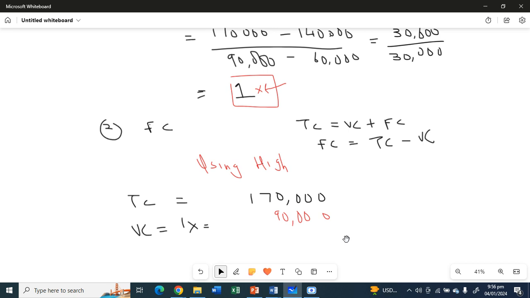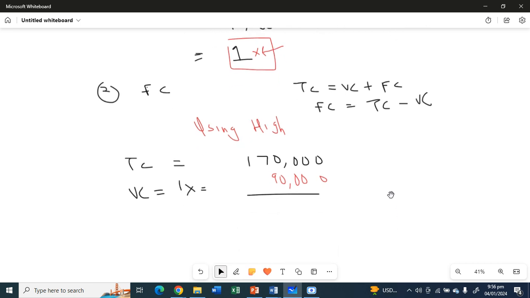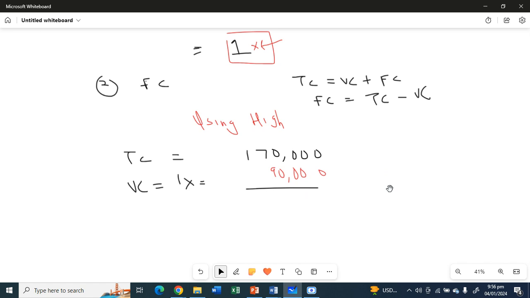Then you say 170,000 minus 90,000. That's going to give us 80,000. So this is our fixed cost, 80,000 kwacha.